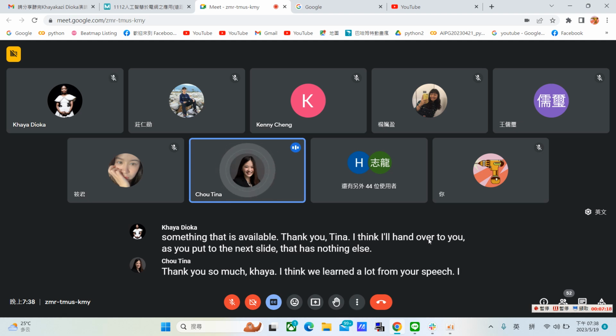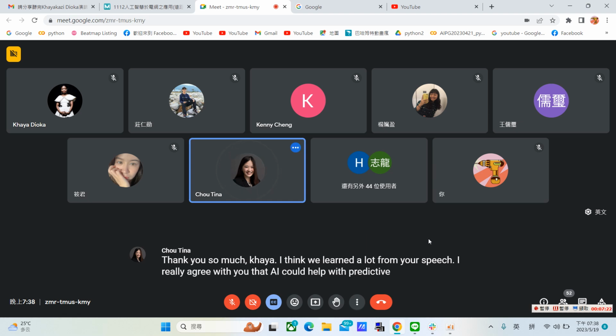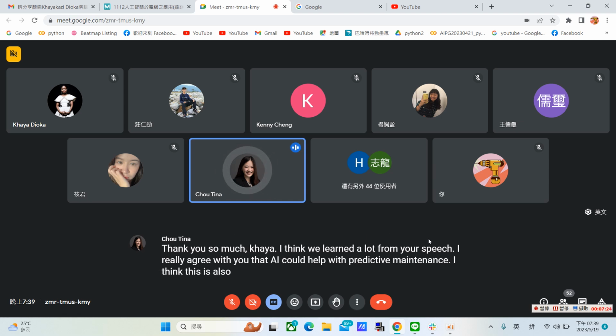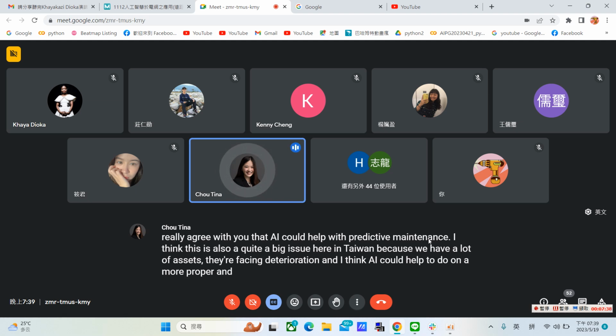I really agree with you that AI could help with predictive maintenance. I think this is also quite a big issue here in Taiwan because we have a lot of assets facing deterioration, and AI could help to do a more proper and integrated maintenance for the important power facilities.